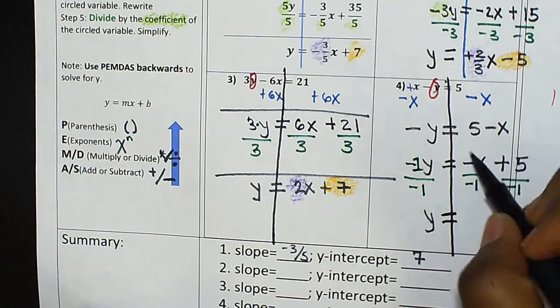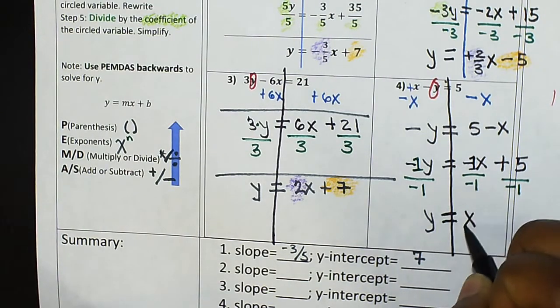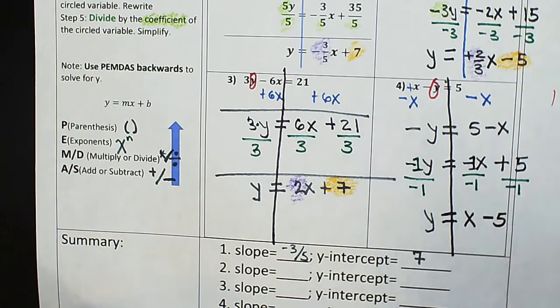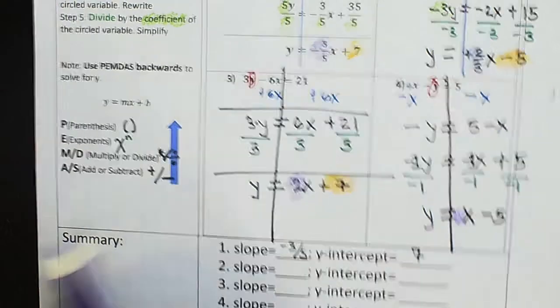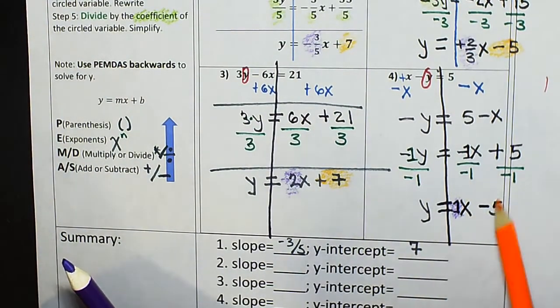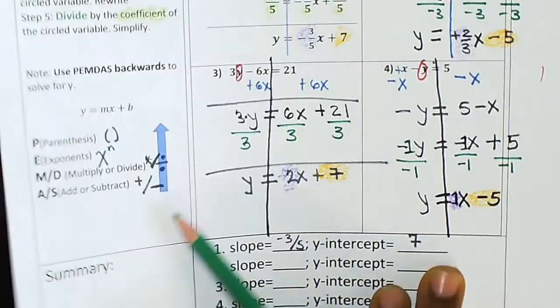And so -1 divided by -1 is x. And then 5 divided by -1 would be -5. And we know that our slope, so then our slope will be what? 1. And our y-intercept is -5. So I'm going to submit my answers right here.